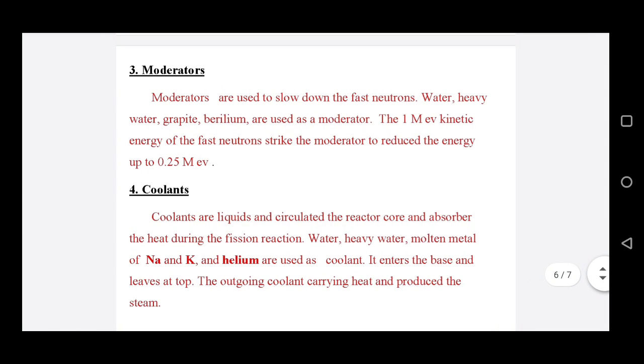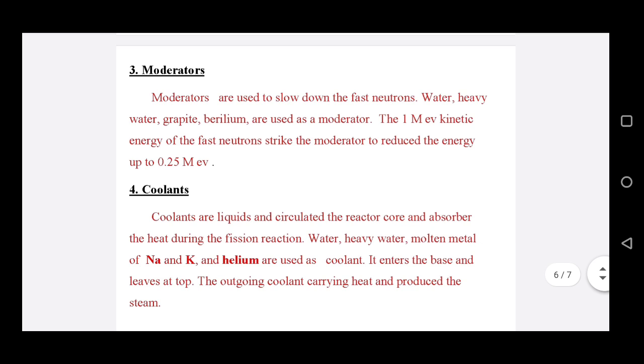So, the moderator. The function of the moderator is to slow down the fast neutrons. When a neutron with 1 millielectron volt kinetic energy strikes the moderator, its energy is reduced to 0.25 millielectron volt.